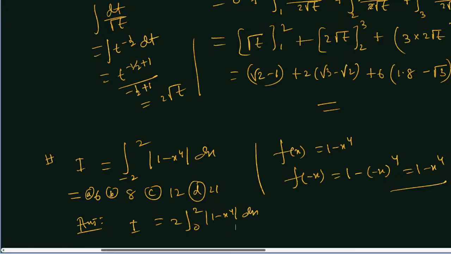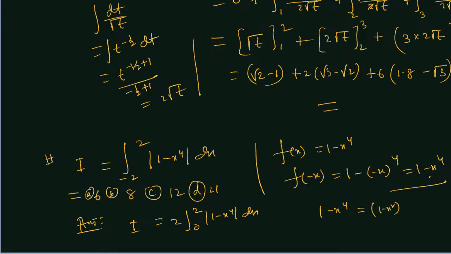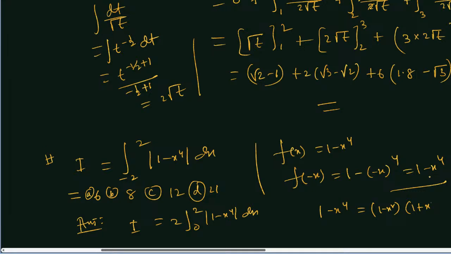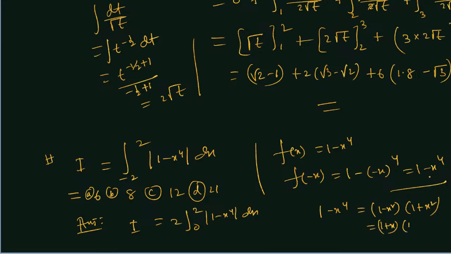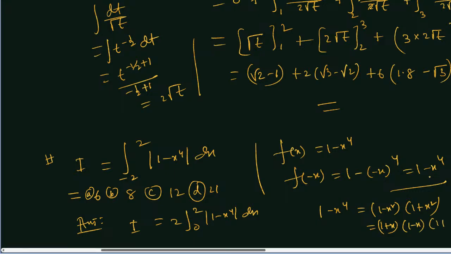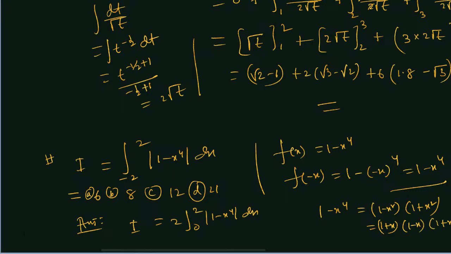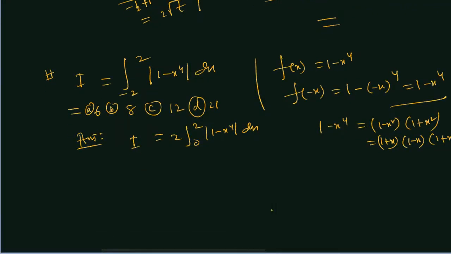Now in the interval 0 to 1, modulo of 1 minus x^4 is positive. If you write it this way, 1 minus x^4 is 1 minus x squared into 1 plus x squared. If you want to split the function, you draw a sign scheme.